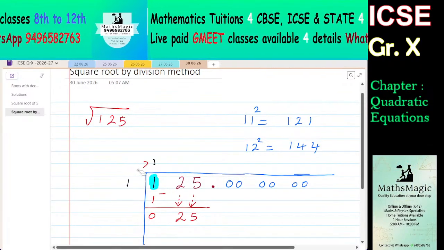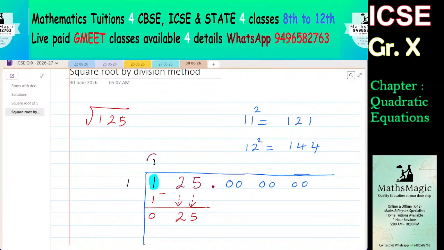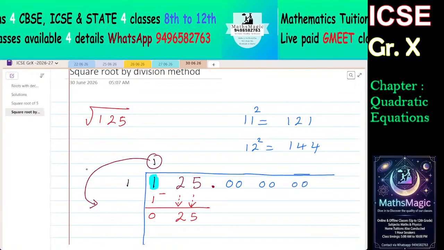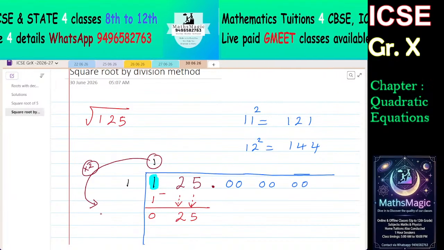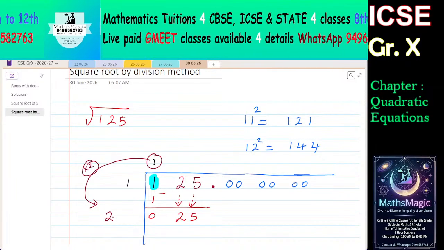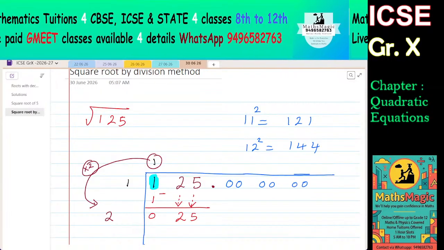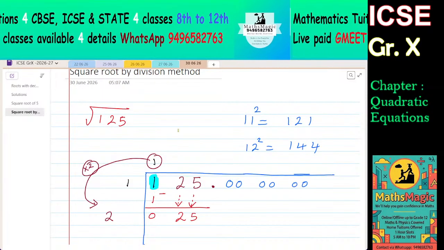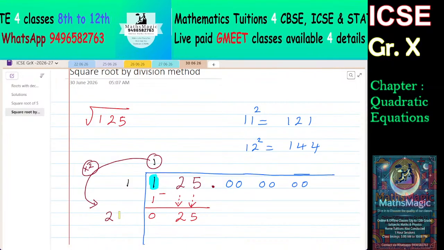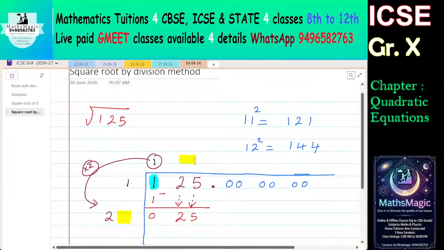Now, what happens is you need to take this, double it, and put it here. So that will be 2. Now, you have to find a number, and you have to put that number in this yellow space as well as this yellow space.